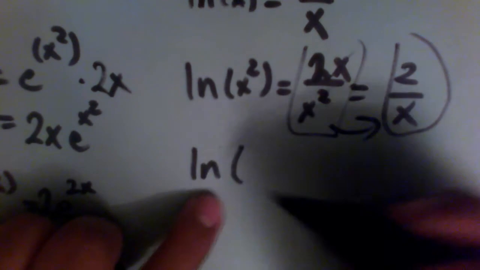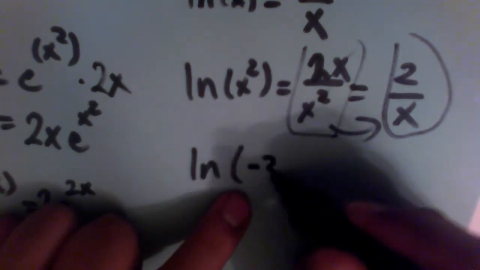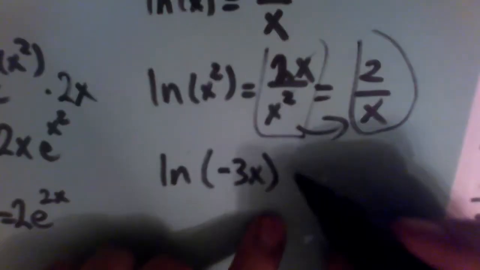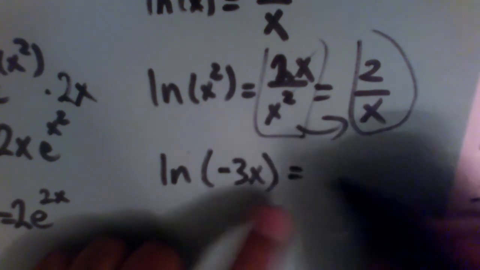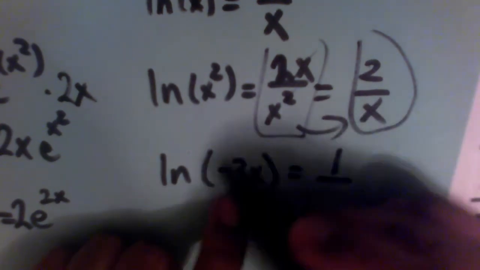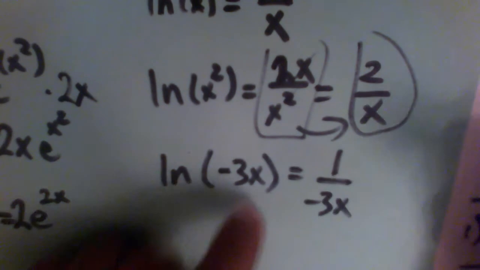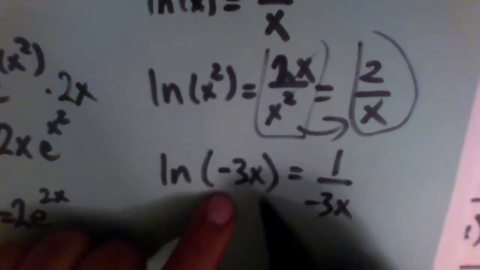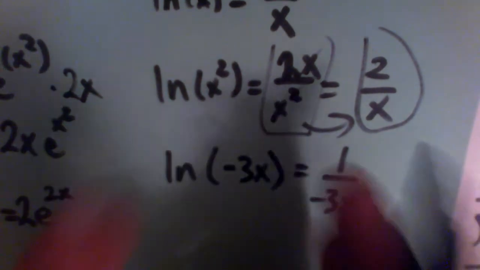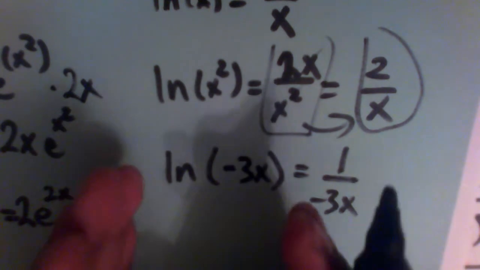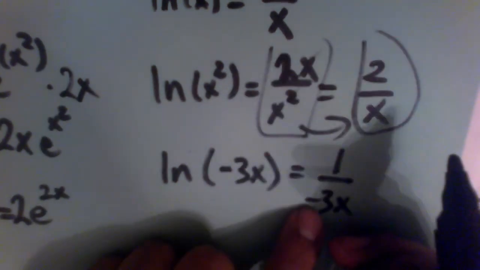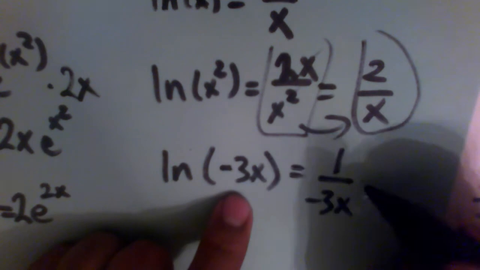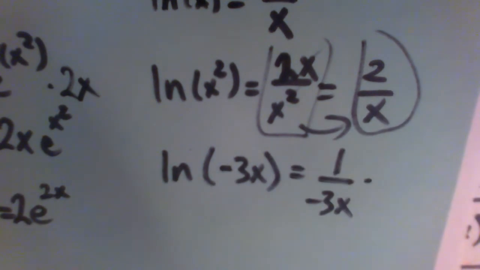Let's say I had natural log of negative 3x. If you want to take the derivative, it's 1 over what the inside is, and then we take the derivative of the inside. The derivative of natural log will give us 1 over something, and then we take the derivative of the inside. What's the derivative of negative 3x? It's negative 3.